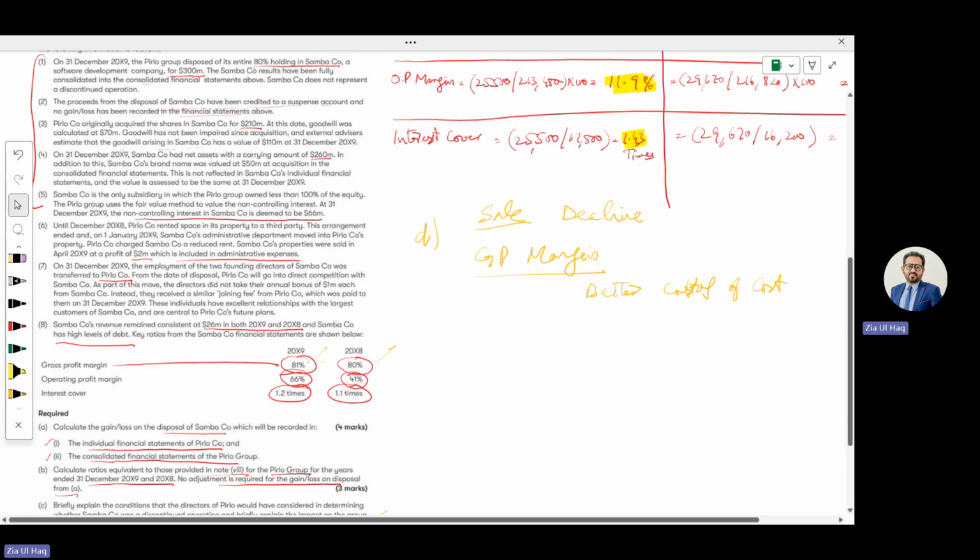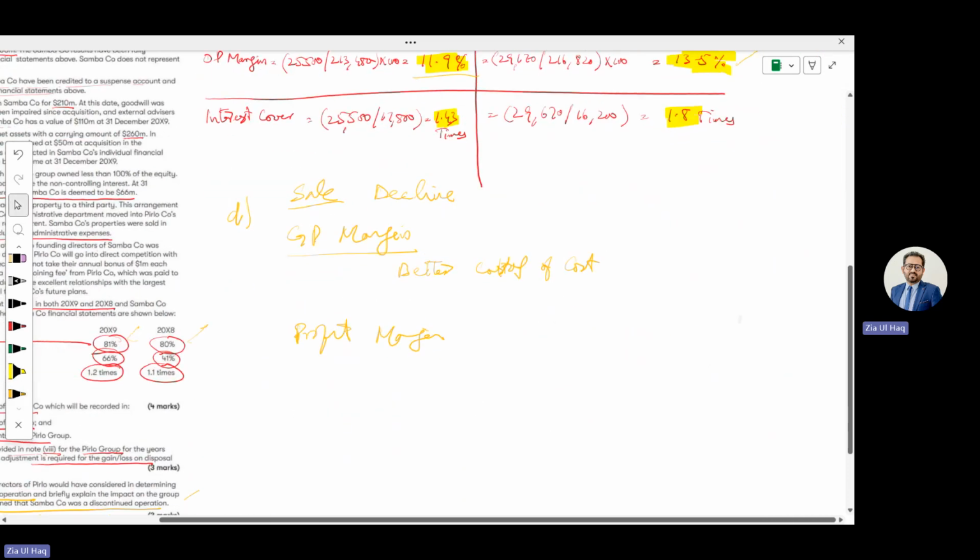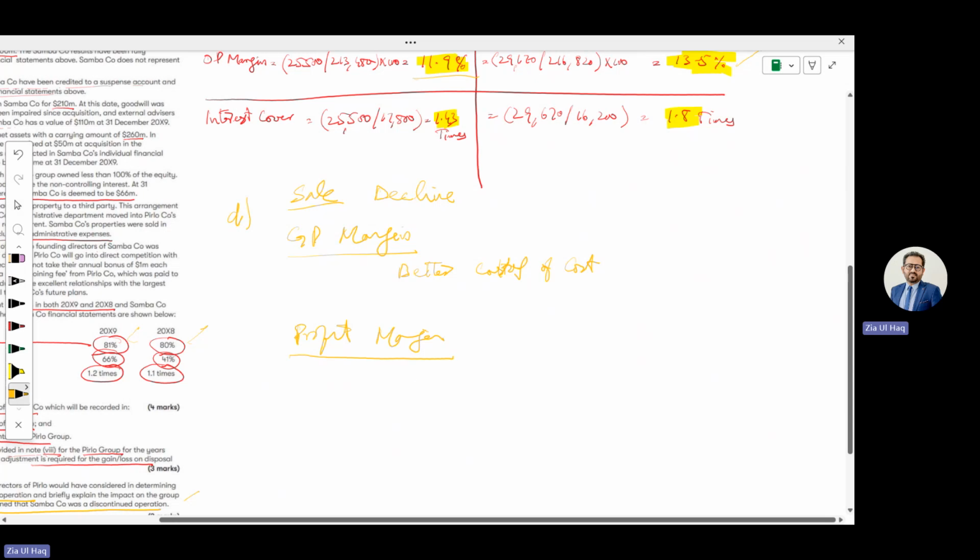And then we will discuss operating profit margin. And if we see profit margin overall for the company has reduced from 13.5% to 11.9%. This means the company is struggling to manage its operating cost.